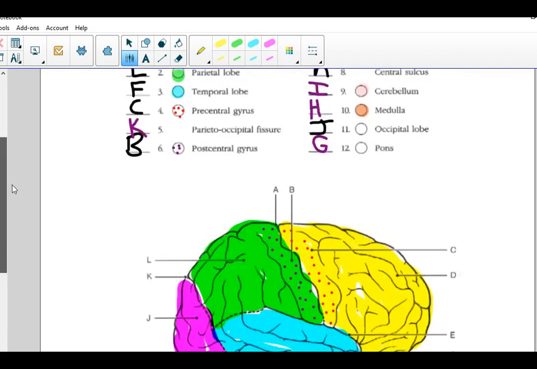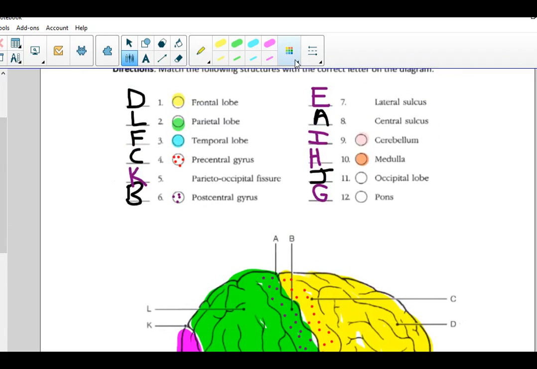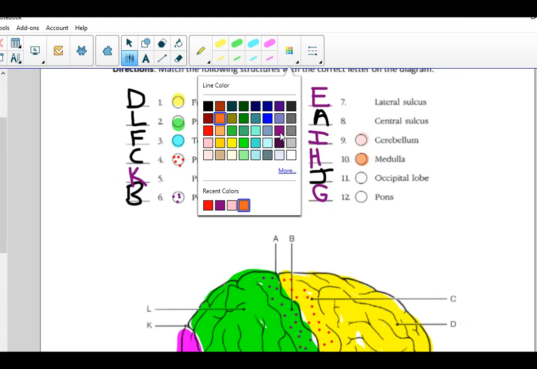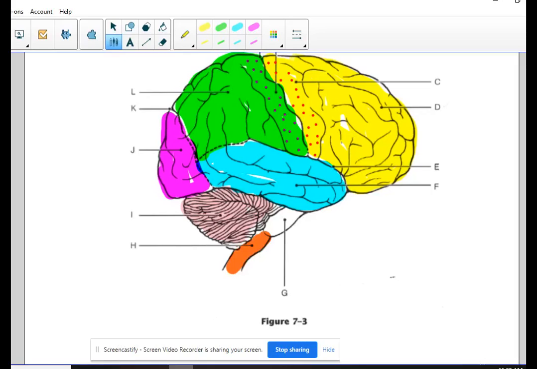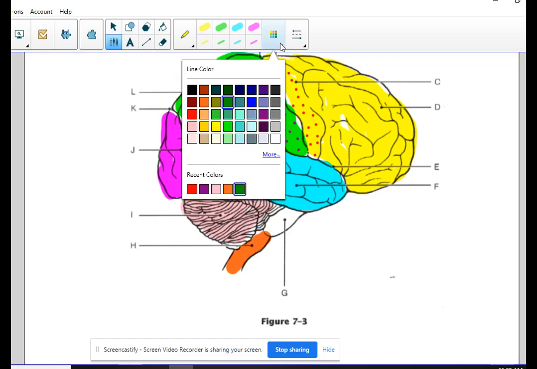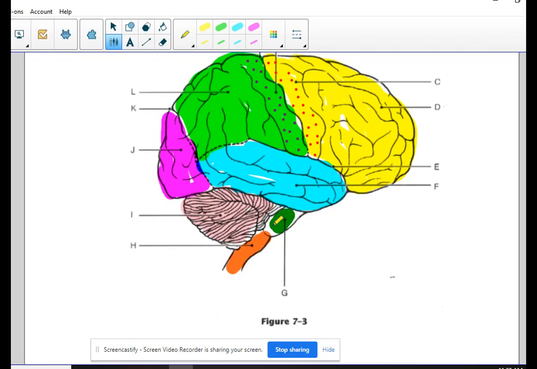And then letter G is the pons, the other part of the brainstem, and I will do a green color for that. I forgot to label the occipital, I did pink. And lastly here is the pons, dark green color.